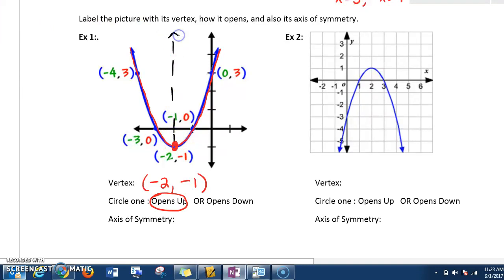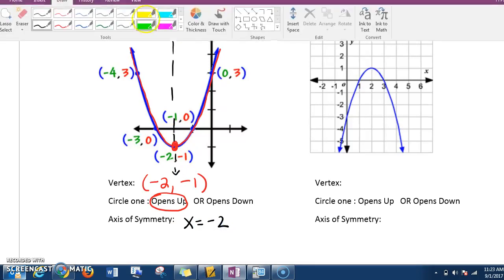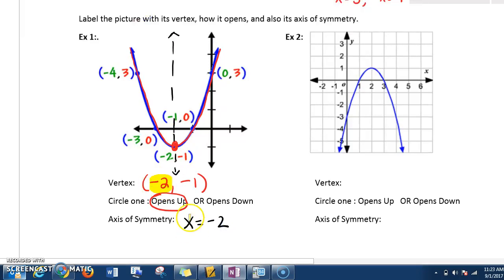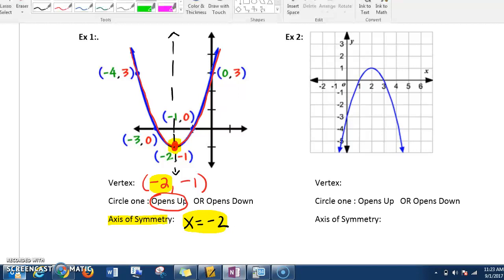This is an x equals line, and since we are going through x equals -2, this will be x equals -2. Now recognize that the vertex and the axis of symmetry have something in common. Both x's are -2 because the axis of symmetry goes through the vertex at that location.